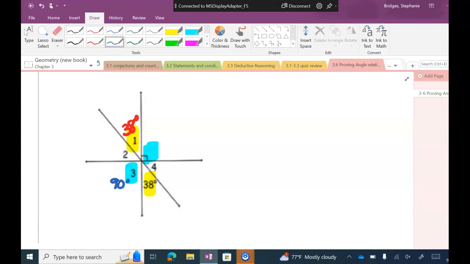There are a couple of different ways you can do this one, depending on what you see. Neither one of them is the better way. They both get you to the correct answer.